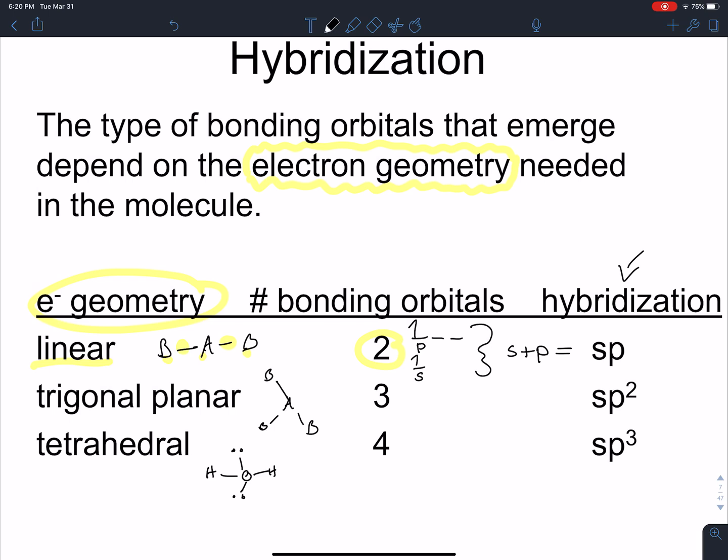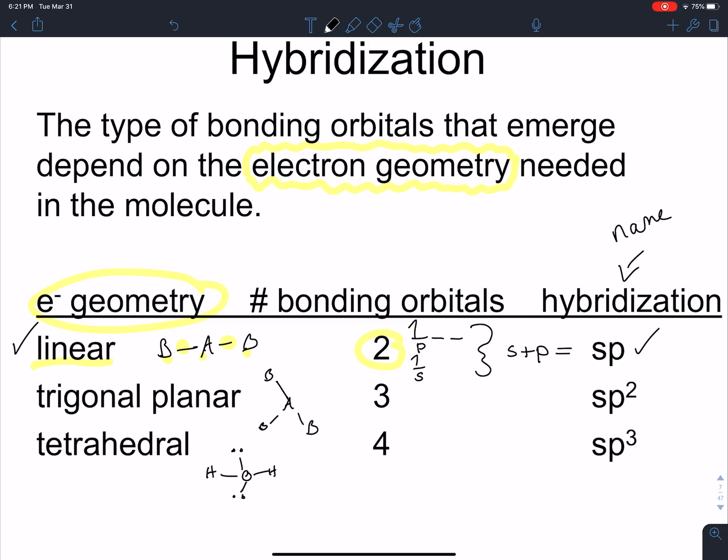These are the names that you'll be asked on a test or quiz. This is what we really have to know. How do we predict what the hybrid orbital will be? And the first prediction is sp. That is the case for every linear electron geometry. It will always form sp hybridized orbitals on its central atom.